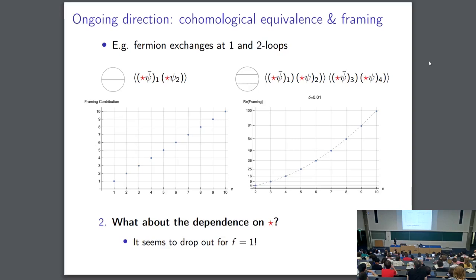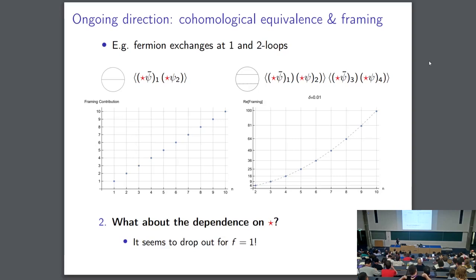Here on the left we have a single fermion exchange, and we see that as we increase the number n of our yellow curve that goes around the circle, we see a linear behavior in the framing contribution. Whereas if we go for 2 loops and a double fermion exchange, as we increase n, we see an n squared behavior.